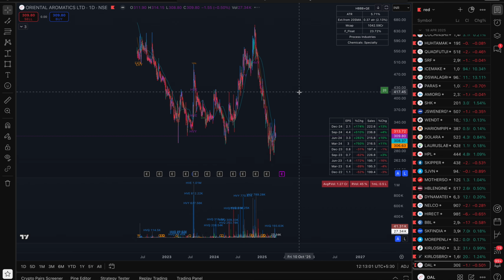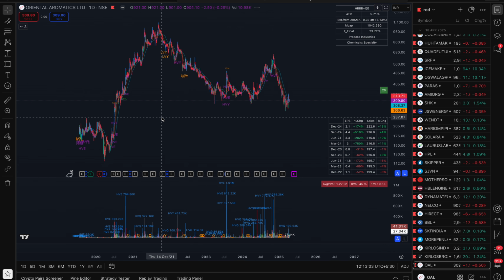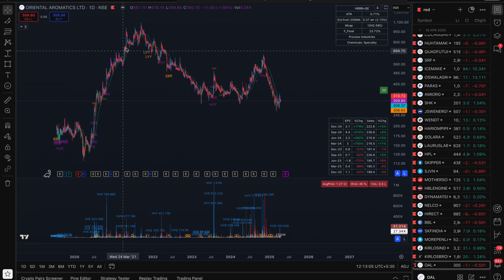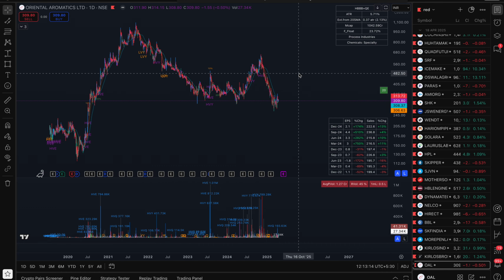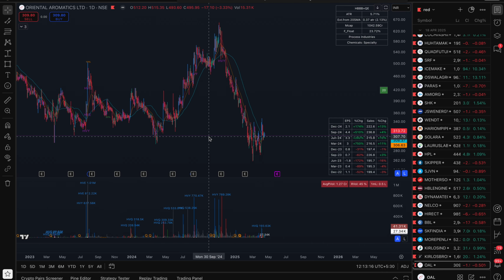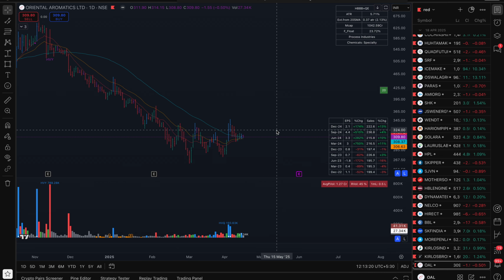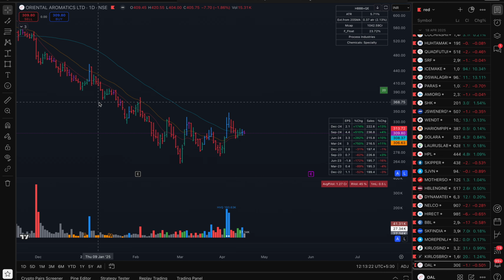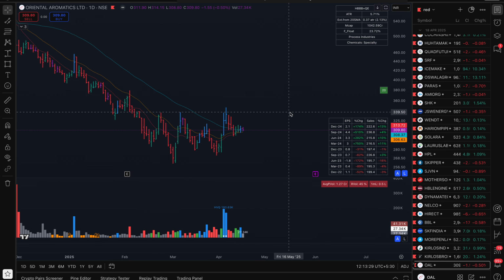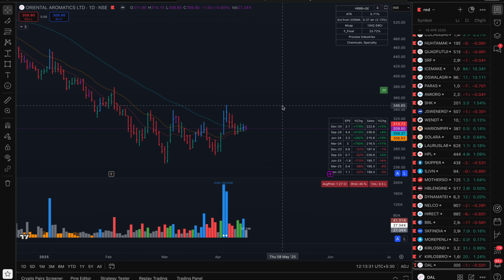OAL, after a huge run in 2021, is still down a lot, I think 60-70% down from the high, and now around the previous low it has been forming a basing kind of structure. It is refusing to go down, the key moving averages are getting flattened, and finally the price is above the key moving averages.